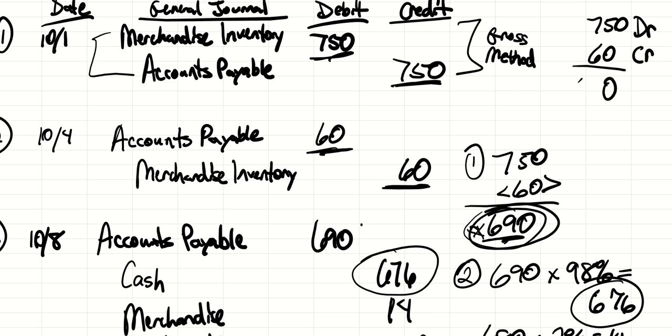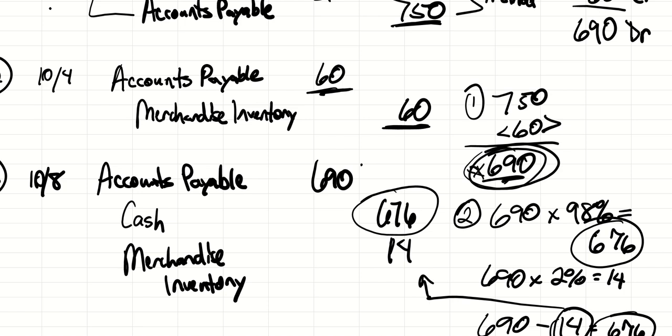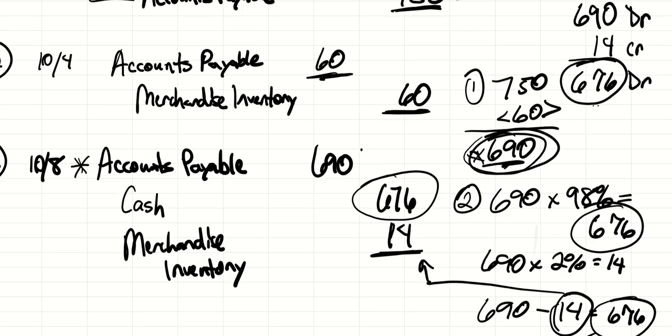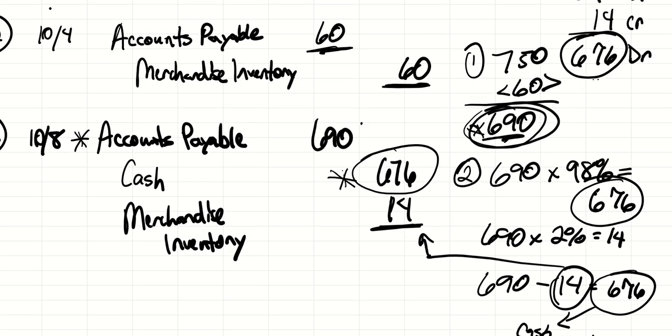That should give you $690 as a debit balance. Then from this last entry, you subtract out 14, which is a credit. That gives you $676 as a debit, once this entry is made. So this amount matches the cash amount here of $676.